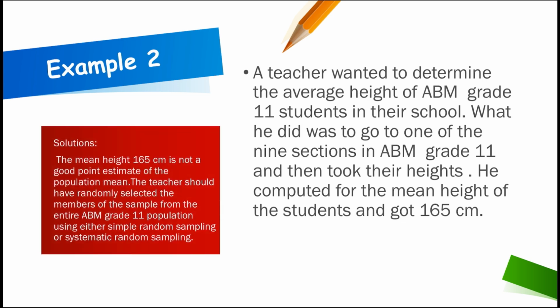Solution. The mean height 165 centimeters is not a good point estimate of the population mean. The teacher should have randomly selected the members of the sample from the entire ABM grade 11 population using either simple random sampling or systematic random sampling.